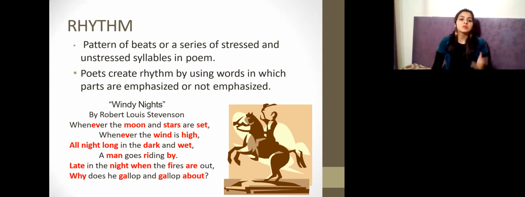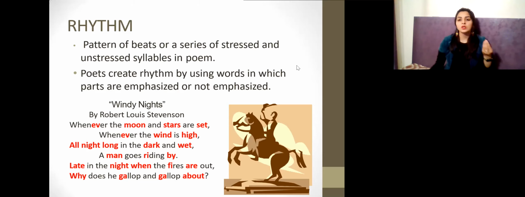Windy Nights by Robert Louis Stevenson. Whenever the moon and stars are set. Wherever you can see the red mark, it's actually highlighted. The rhythm goes up so that it is more highlighted in the poetry.